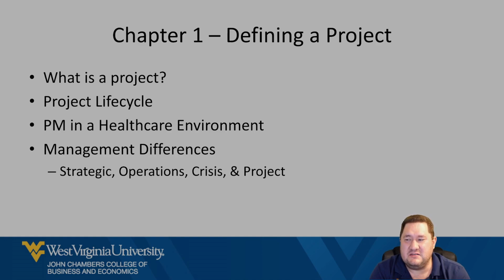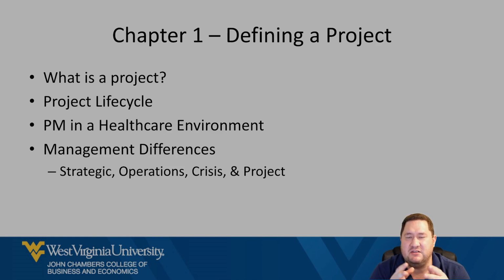Most companies, depending on how mature the company is with their project management, generally don't have what's called a project management office. Now you go to some of the larger corporations, Microsoft, Google, they have a project management office. And that office oversees the multiple projects that they're doing at the same time.